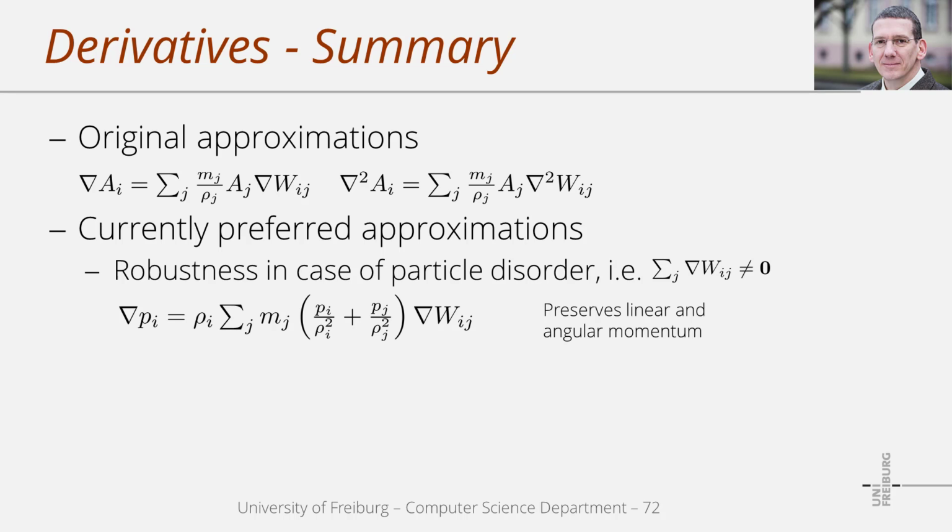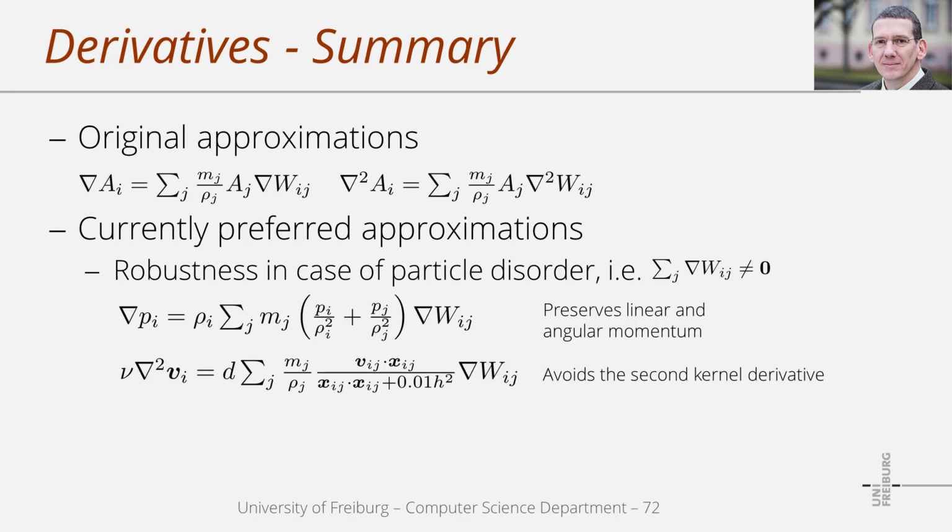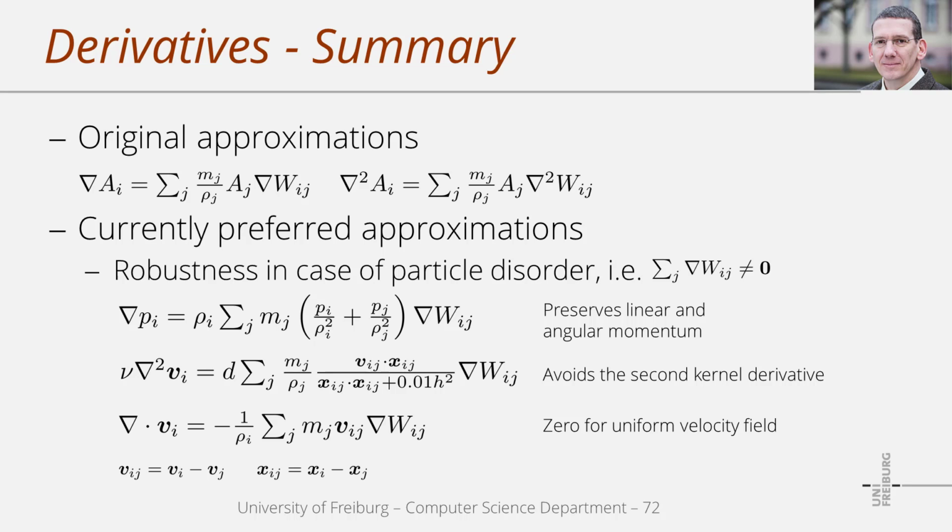So for the pressure gradient, we prefer an approximation that always preserves the linear and the angular momentum of a particle system. For the viscosity, we prefer a form that does not use the second kernel derivative, and for the velocity divergence, we take an SPH approximation that always results in zero for a constant velocity field. So the stated alternatives are considered to be more robust in case of particle disorder.